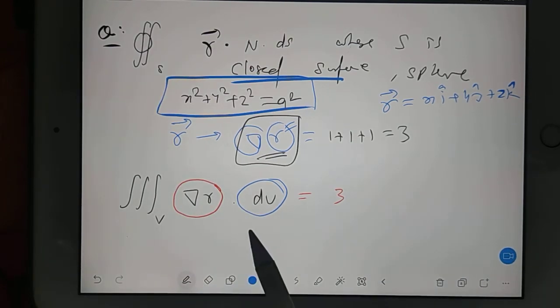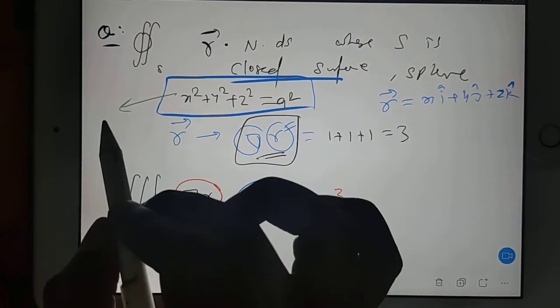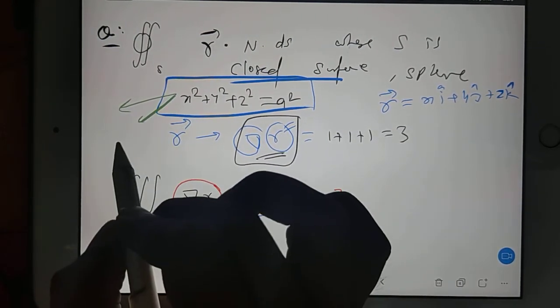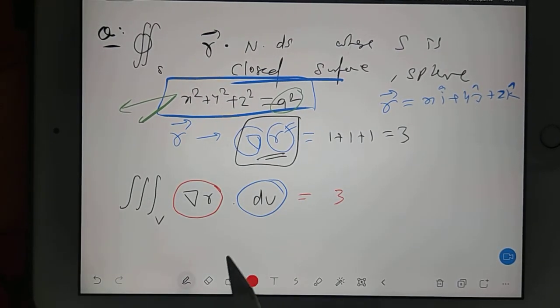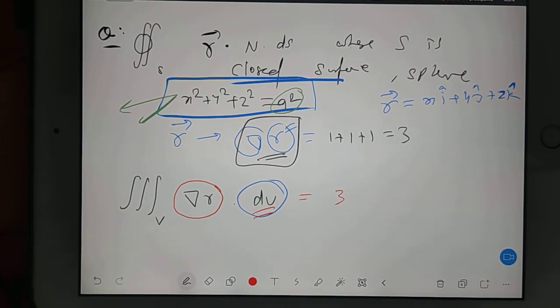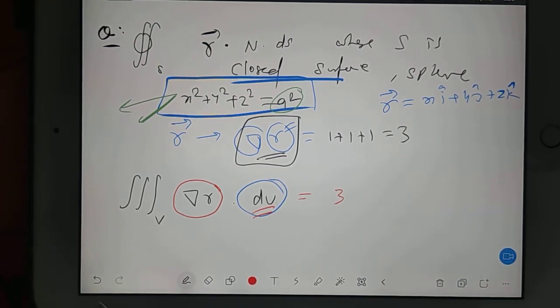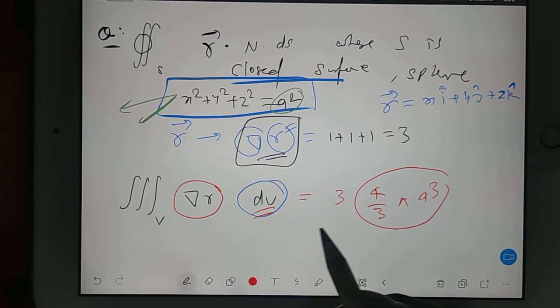This is sphere. So, actually only that student can understand what is this, who has done the geometry part. Actually, this is the equation of a sphere with radius a. With radius a, okay? This is the equation of a sphere. So, whenever this dv will give you direct answer for the volume. Direct answer for the volume. And that is nothing but 4 by 3 pi a cube. That's all equation done.